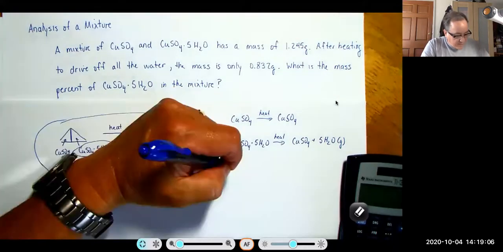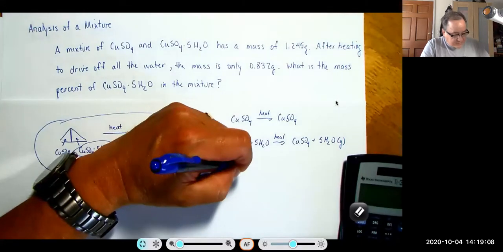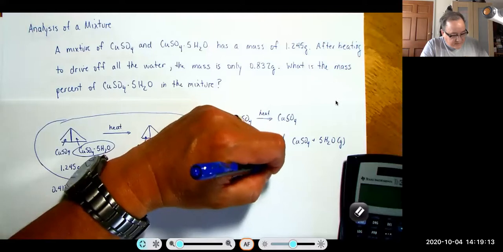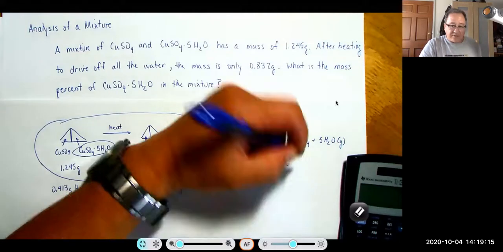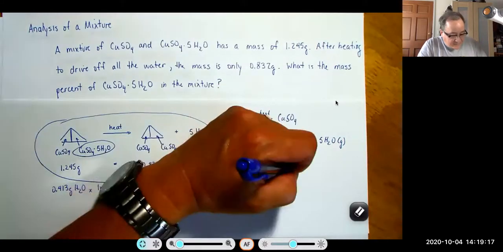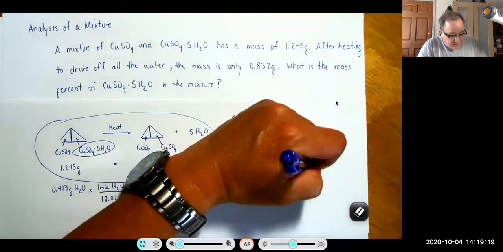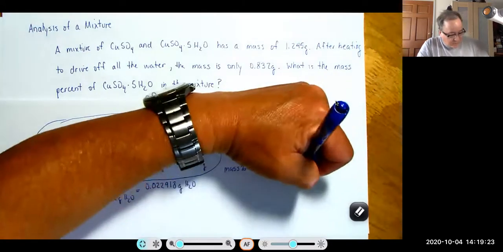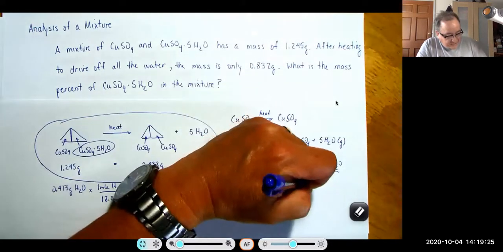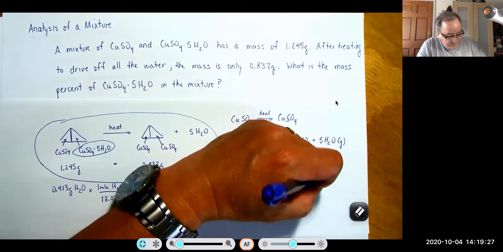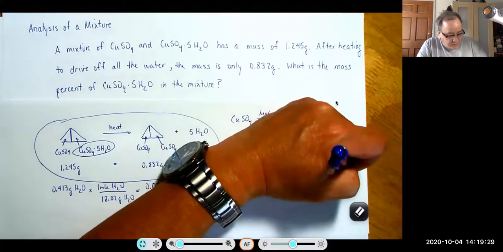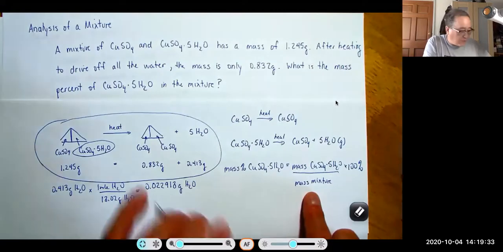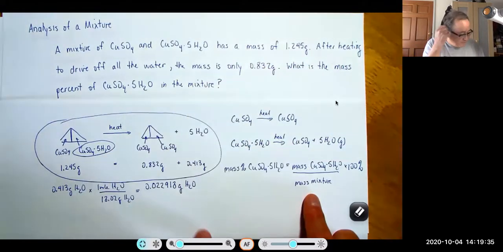Well, the mass percent of copper 2 sulfate pentahydrate is going to equal the mass of copper 2 sulfate pentahydrate over the mass of the mixture times 100%.